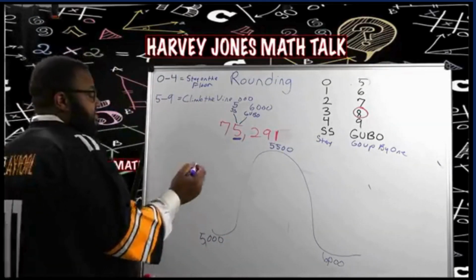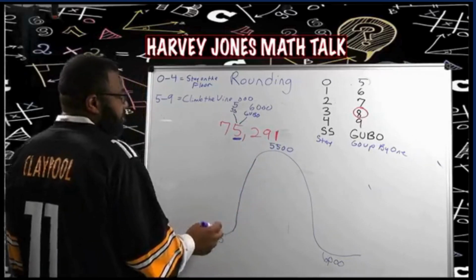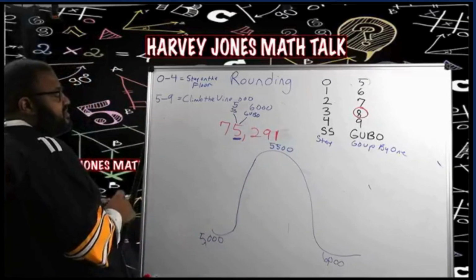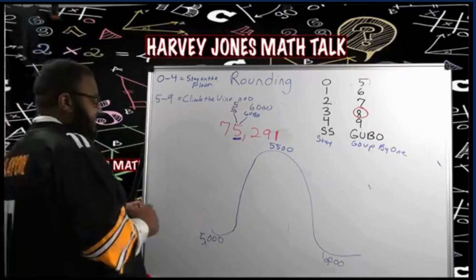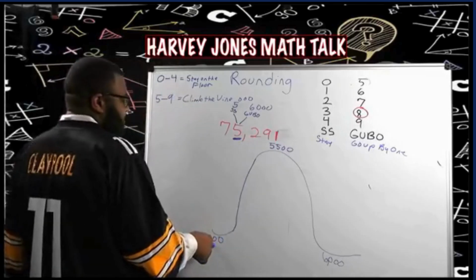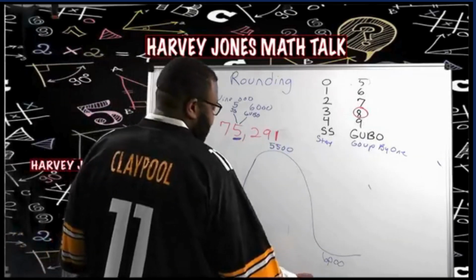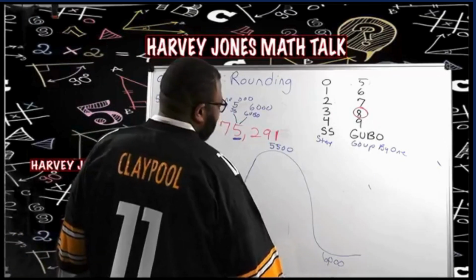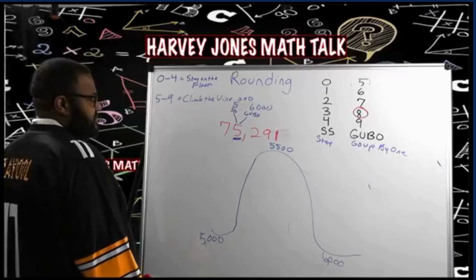I'm pausing just in case somebody's writing this down. Don't get upset. It's just a little curve right here, just trying to see where we are. And these are called checkpoints. So if I'm starting at the bottom of the hill, 5,000, that's the low one. And then my high one is 6,000. And about 5,500 should be about the middle.